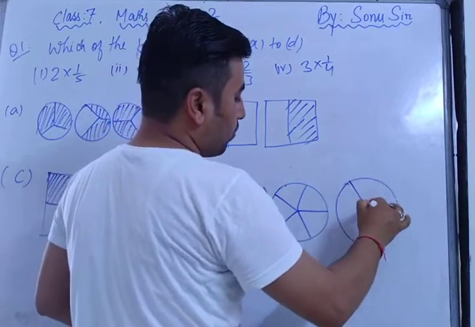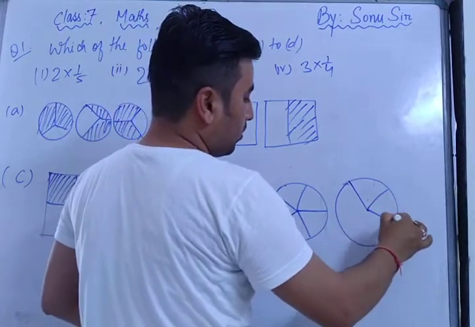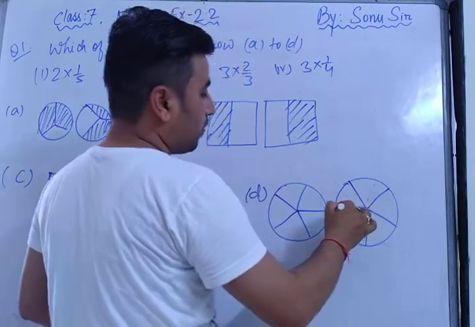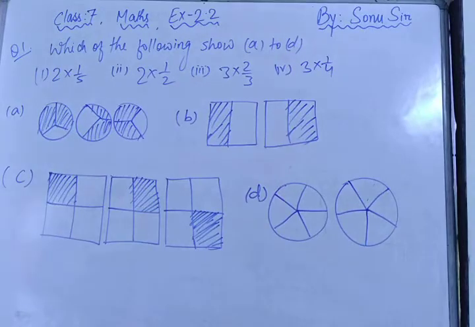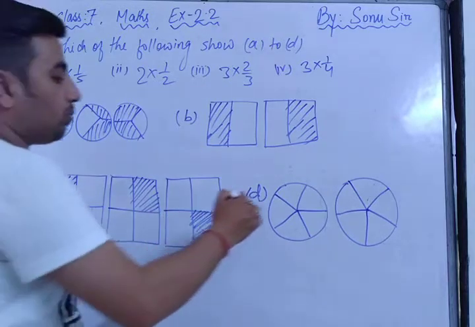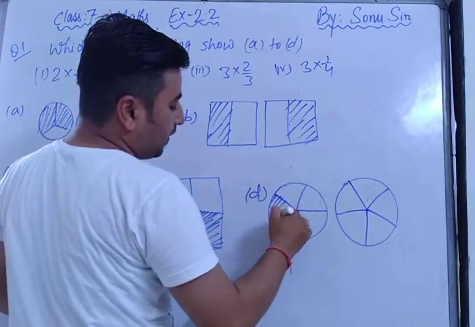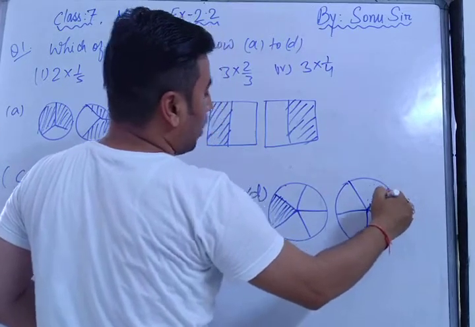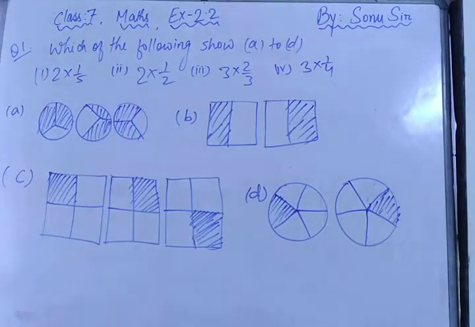Similarly, this one also has 1, 2, 3, 4 and 5. Got it? In each, one part is shadowed, this part on one side and this part on the other side. Now the question is: which of the following shows A to D?